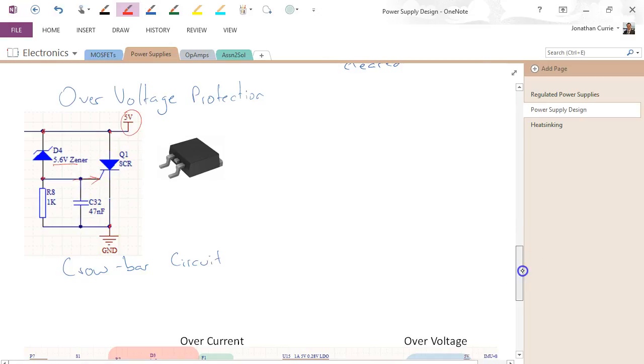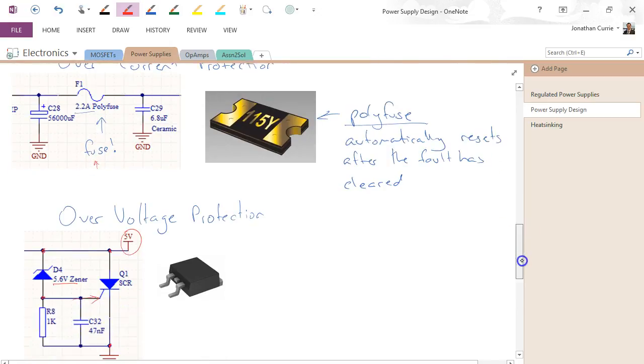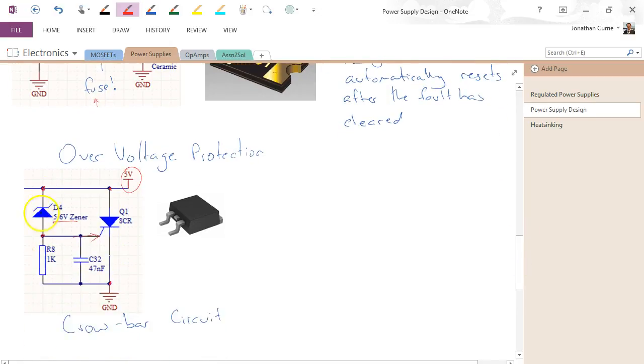Shorting it out, it's going to cause a huge amount of current to flow, which is going to pop this fuse up here. So when the voltage exceeds the Zener voltage, it's going to trigger this SCR, which then shorts out that supply rail, preventing the overvoltage scenario and popping the fuse.